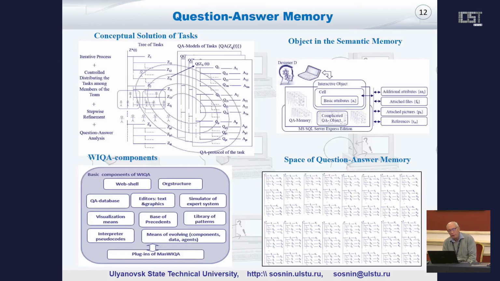During such reflection, all essences that concern the process of designing are reflected on the space of the question-answer memory with cells, the structure and content of which you can see in the right corner of this slide.